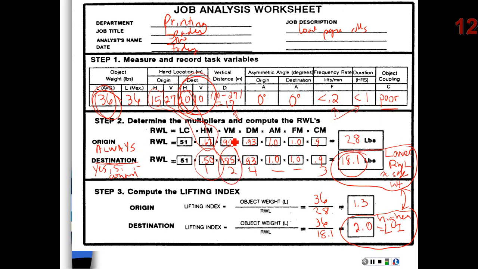Number 2 is the vertical location. Her hands are 10 inches vertically off the floor. You need to get them higher so she's not so low. And again, it looks like raising the machine. Could you put the machine on a platform? If you can't do that, then you move on to number 3. It's a round roll. How can you get better coupling? Could you add something with handles, a box with handles, or a sling with handles?